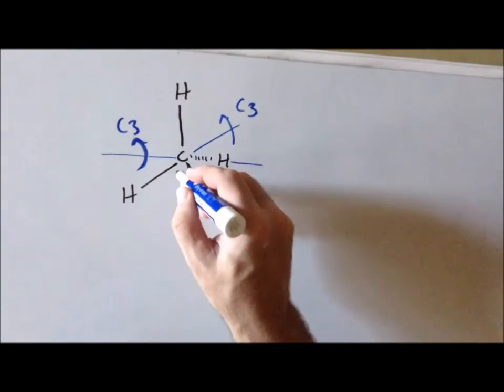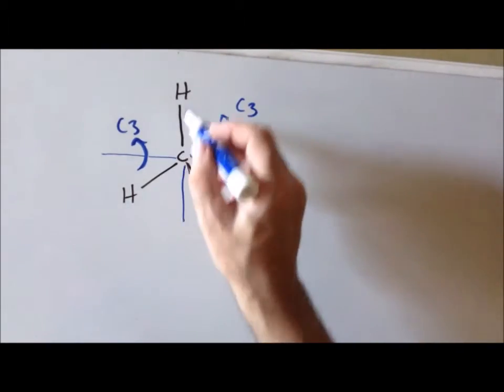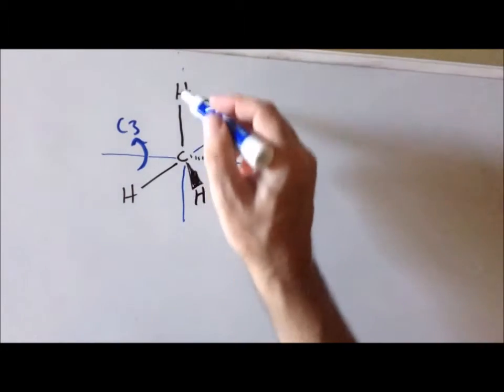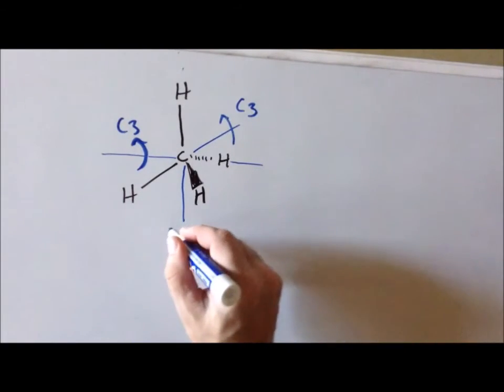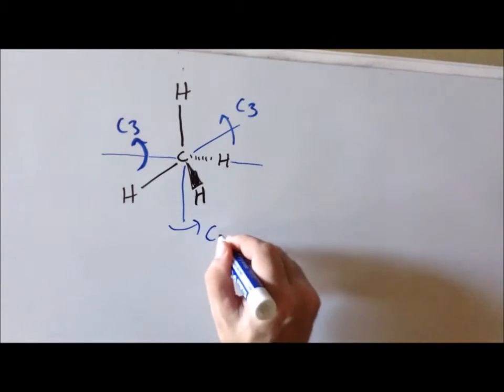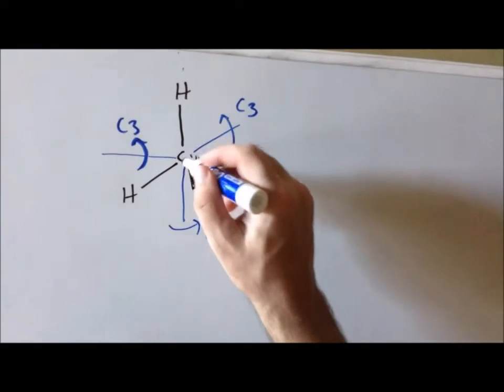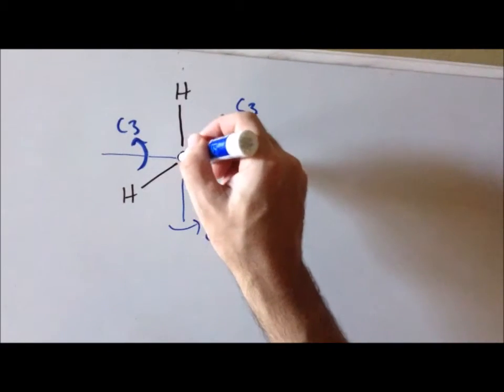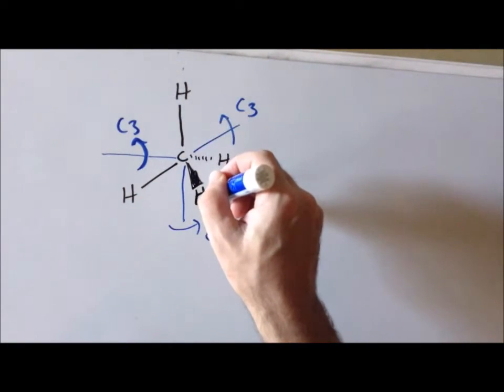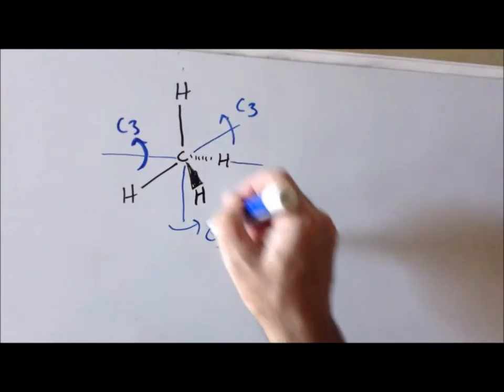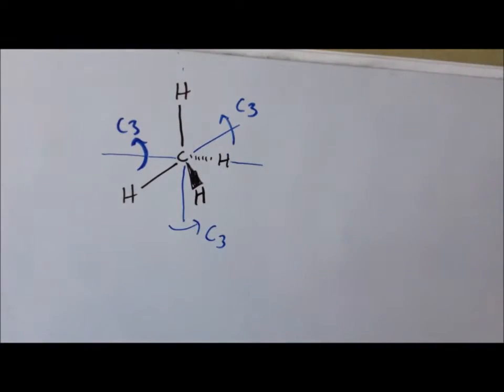So wherever you have a carbon-hydrogen bond, if we extend that, there will be a C3 rotation about that axis in methane. And last but not least, I won't draw it here, but going from behind the board through this carbon and through this hydrogen atom here, there will be a fourth C3 rotation. We also have C3 minus 1 if we rotate in the opposite direction.